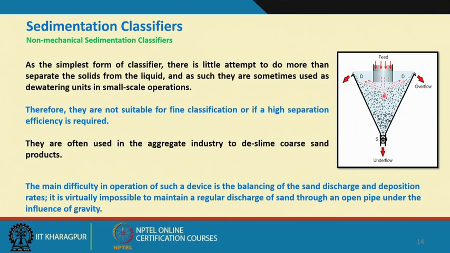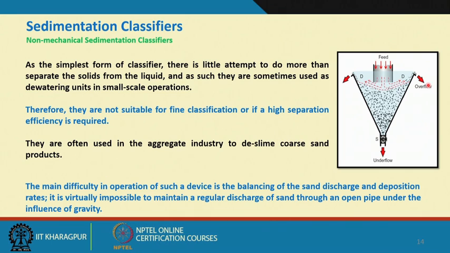What can we do? I can use this principle, and my 50 micrometer particles will start settling. Once they get concentrated, I can open this valve and take out my particles, and I can get clean water through the overflow. But remember, if I have ultra fine particles, you may be collecting some of them because of the displaced fluid in the upward direction, caused by the settling of these relatively much coarser particles.